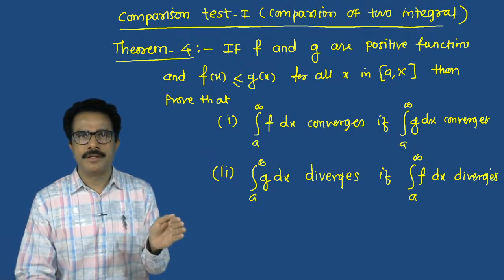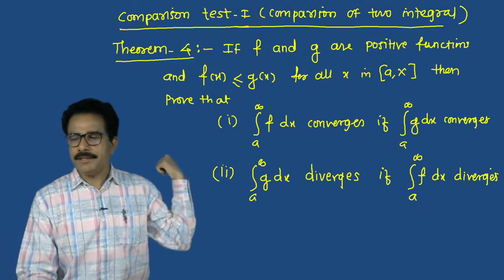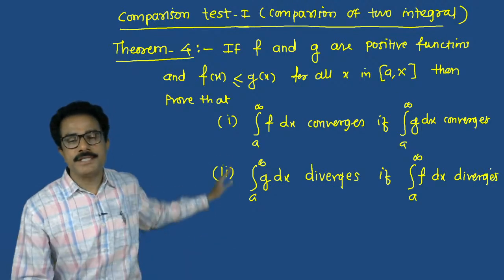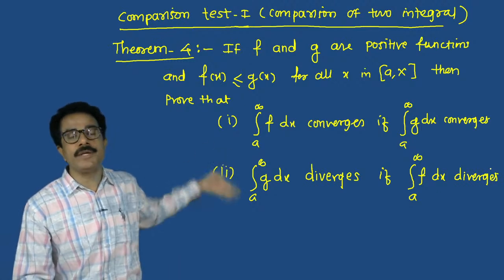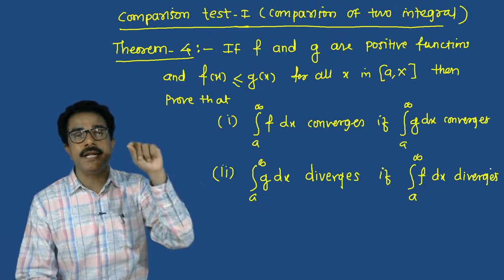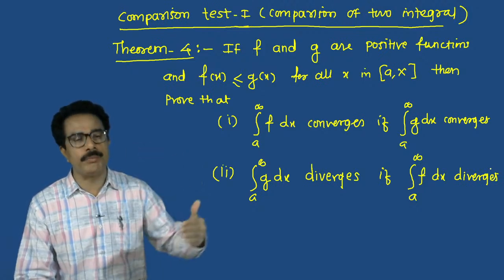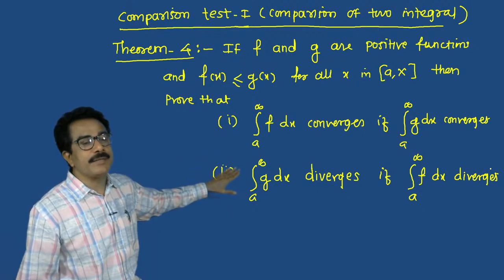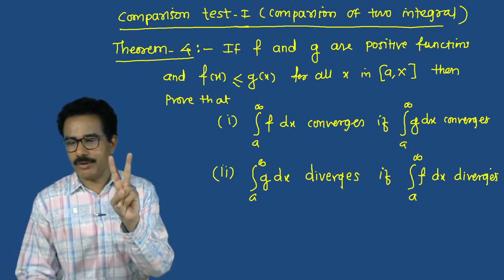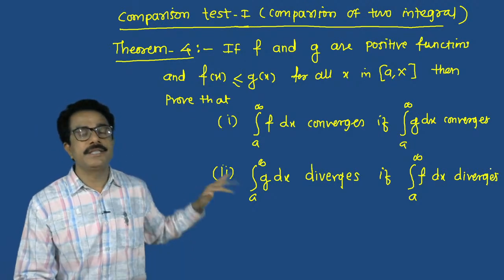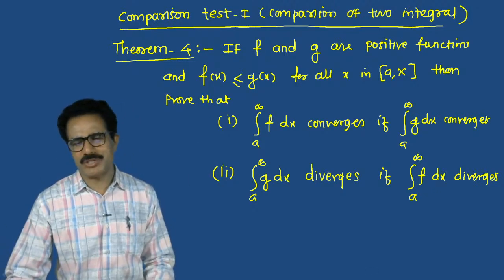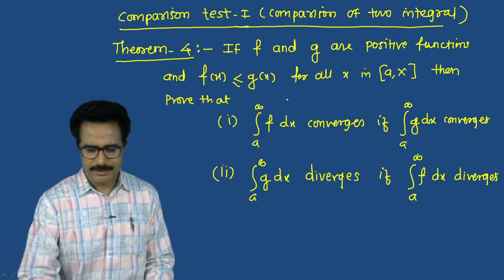That means the main difference is that in this case the range is infinite, a to infinity, and in that case the range was finite, a to b. एवढाच फरक आहे, फायनाइट आणि इनफायनाइट. सो थेरमची प्रूफ करण्याची प्रोसिजर एकदम सेम आहे, काहीच बदल नाही.